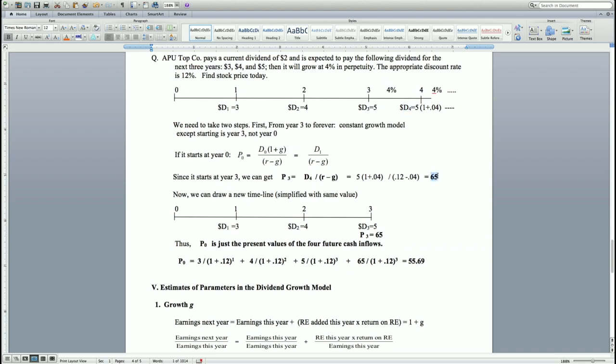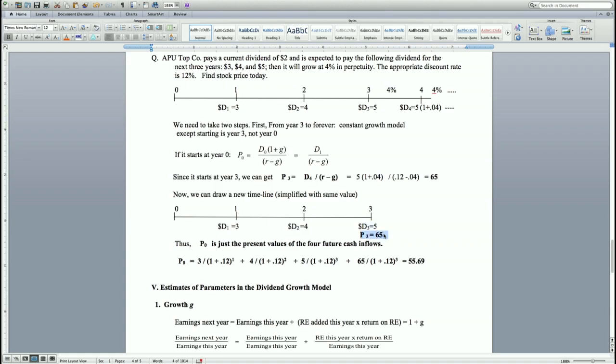So in terms of value, it's equal. So we don't handle D4, D5, D6, and on forever. Instead, now we have a simplified timeline. At time 0, you purchase the stock, and the first income will be in a year, D1, $3. Year 2, dividend $4. Year 3, $5. That's the company's promise. And we would need to continue year 4, 5, and on, but to make it simple, we calculate P3.